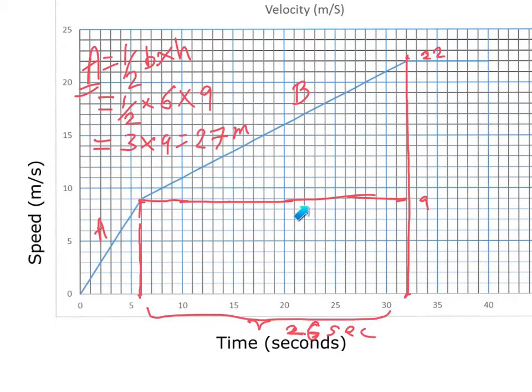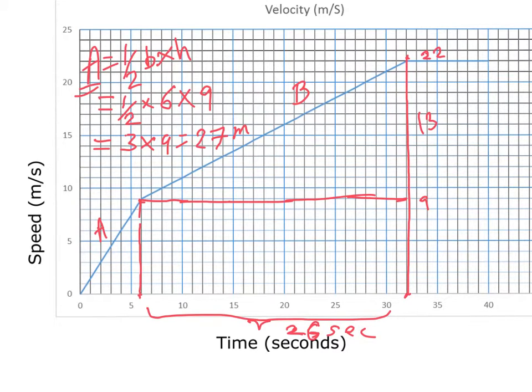As you can see, this triangle starts here at 9 and then finishes at 22 meters per second. So the height of the triangle is 22, take away 9, and that gives you 13. So the height of the triangle is 13 here, and the base of the triangle is 26, the same as the base of the rectangle.